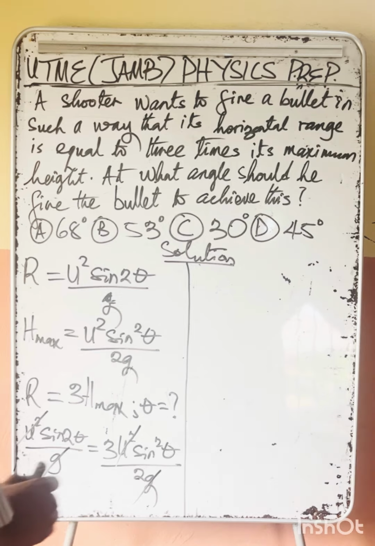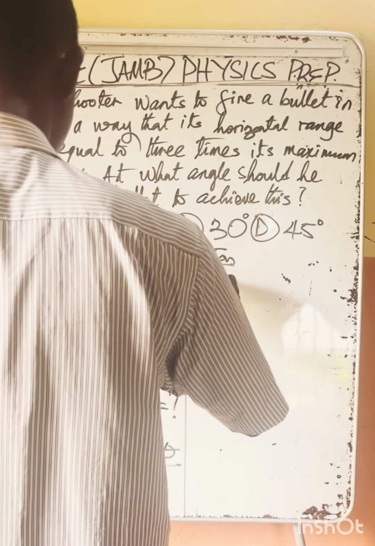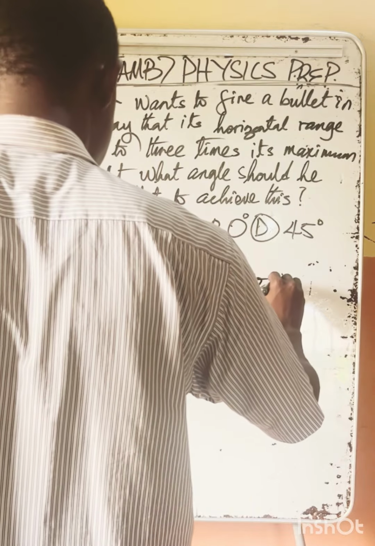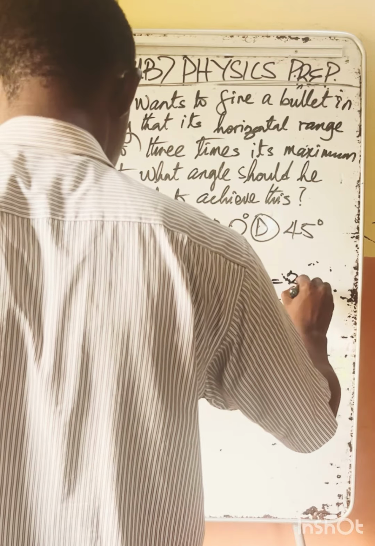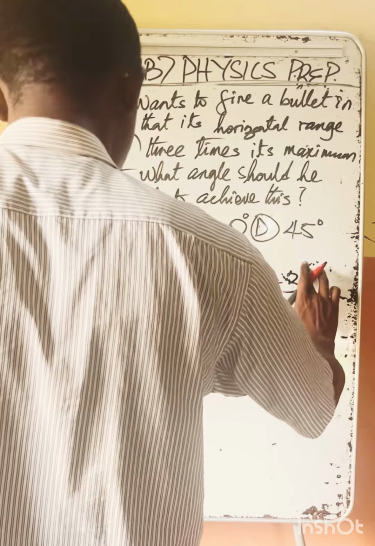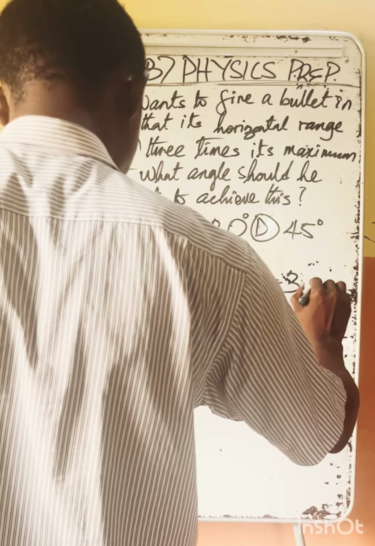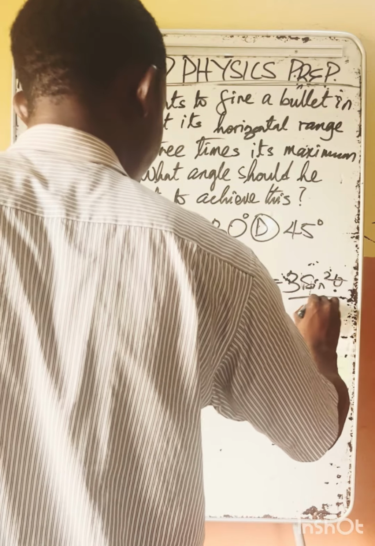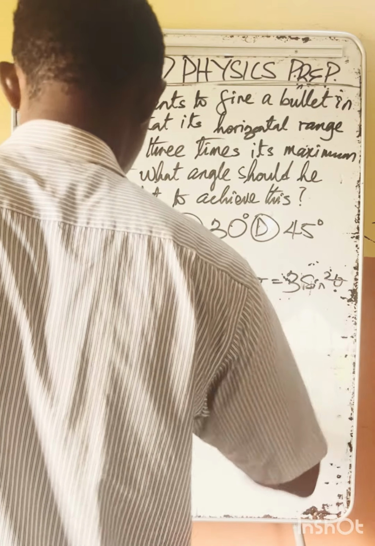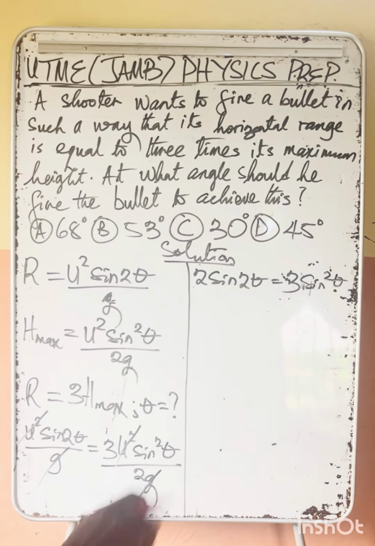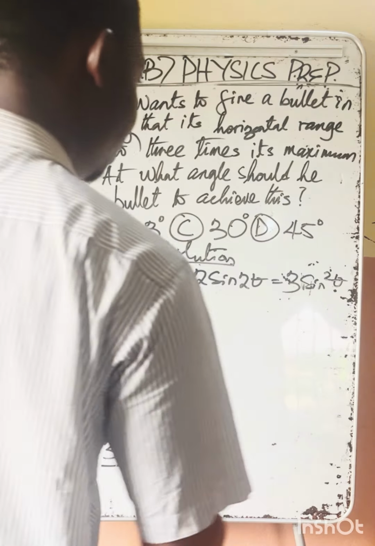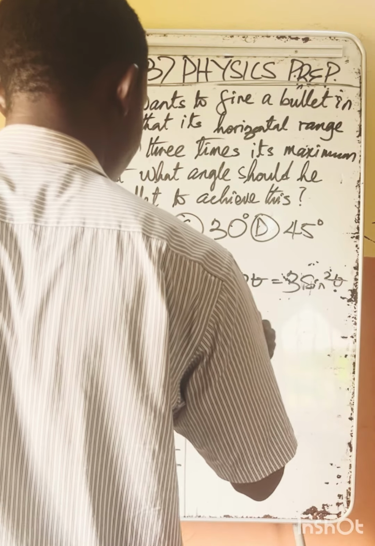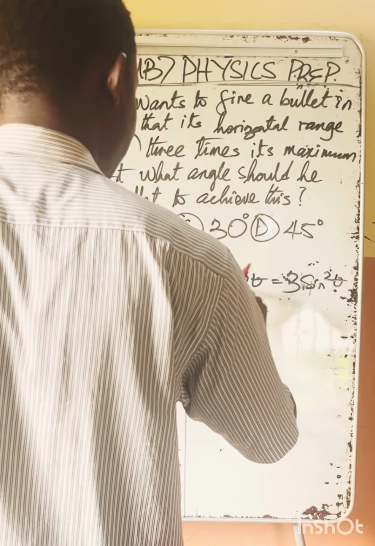So if we cross multiply, we'll have that 2 sine 2 theta is equal to 3 sine square theta. Sorry, I just cross multiplied. So if we move on from here, in trig identity, sine 2 theta is 2 sine theta cos theta.